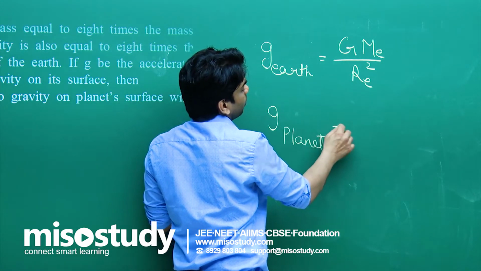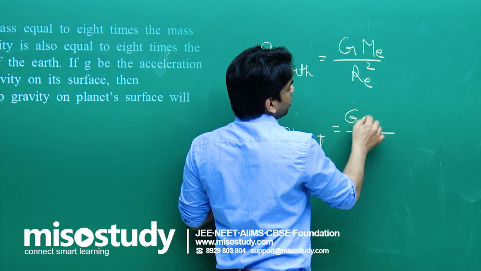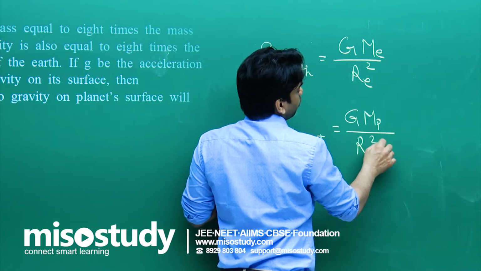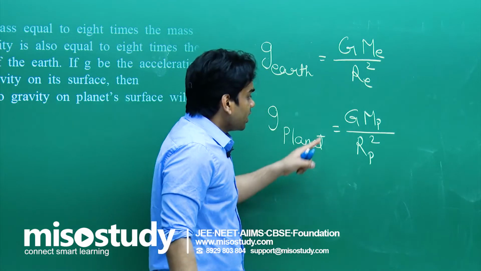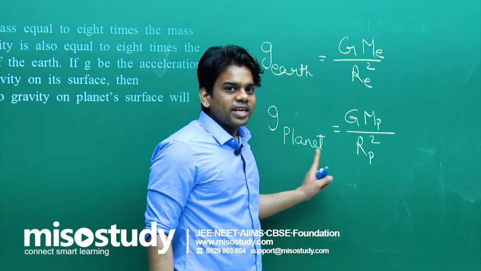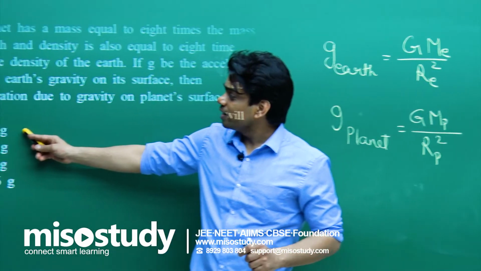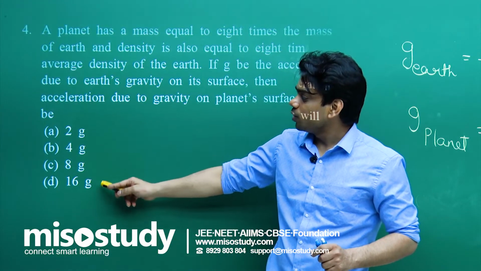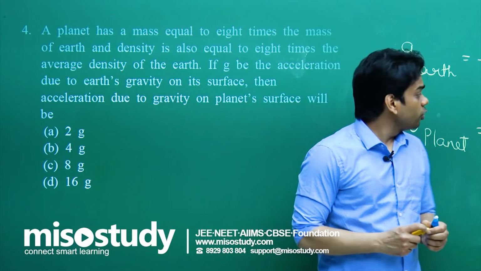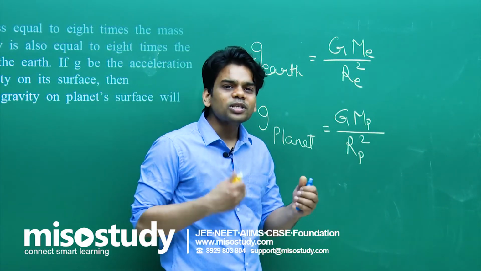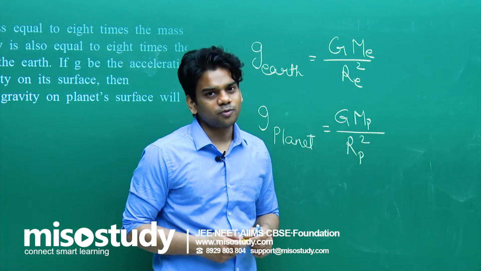The acceleration due to gravity on planet will be equal to G mass of planet divided by radius of planet whole square. Now you check the options are given in terms of acceleration due to gravity on the surface of Earth. So we need to relate how much the acceleration due to gravity on the planet is related with the acceleration due to gravity on the surface of Earth.